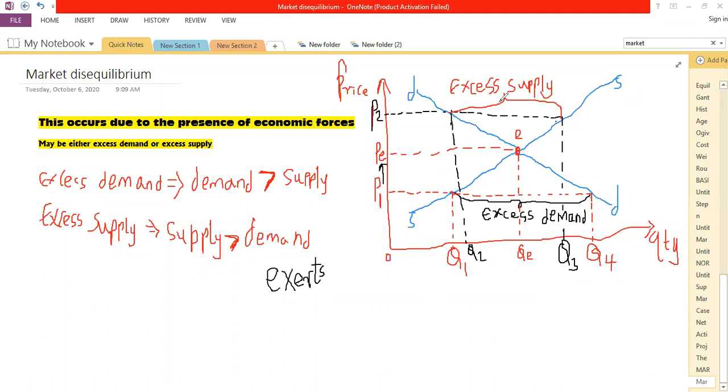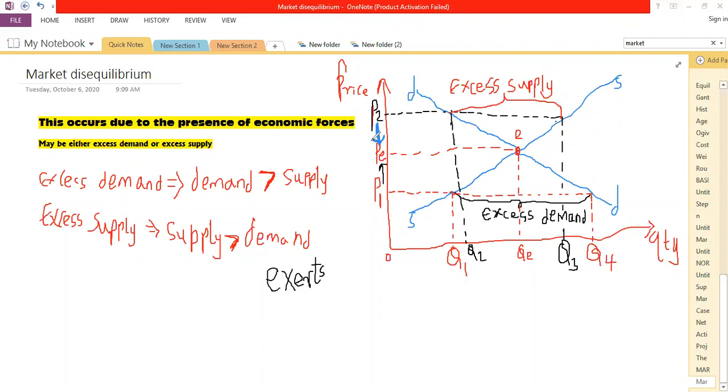Meaning, as an economic force, since we want to do away with excess supply or with excess stocks, the supplier would be willing to lower the price level of this commodity. Of course, if it's, say, a perishable commodity, you don't want it going bad and incurring losses, you'd rather sell it at a throwaway price.